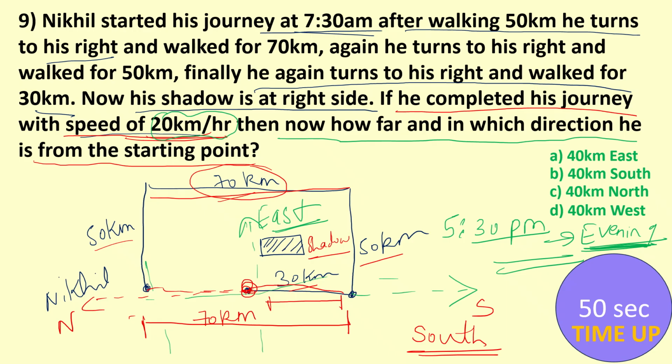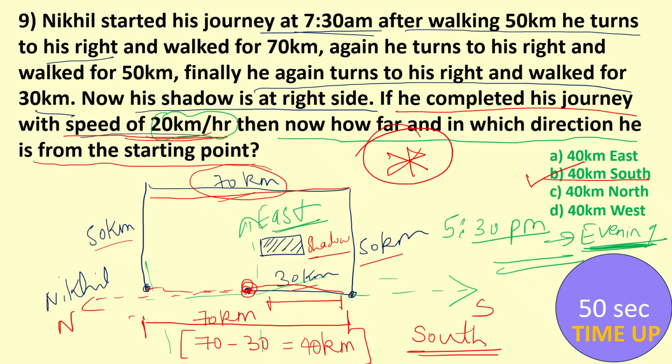So what I need to do is subtract 70 minus 30, which will give you 40 kilometer. So 40 kilometers south will be the correct option. That is B. This is a very important question in case of shadow.